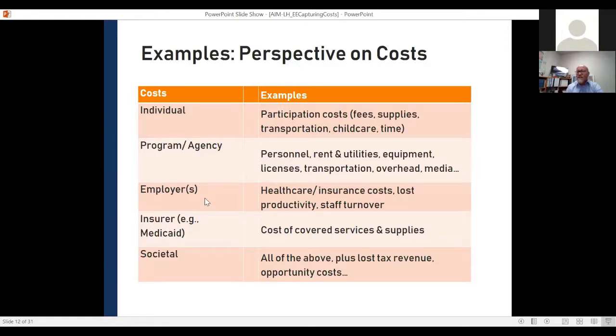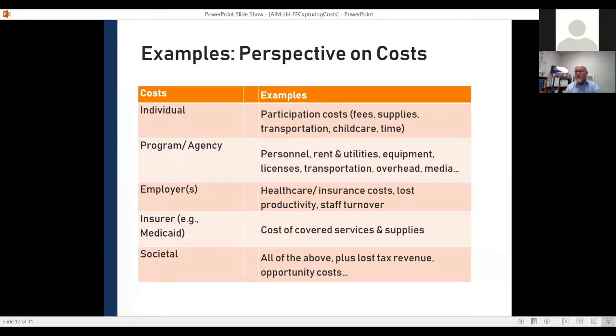Employers might have costs in programs, and sometimes we use these costs as a way to encourage providers to expand coverage. For example, we've worked with self-insured employers, including our state-owned state personnel system, to increase the coverage for diabetes self-management education, because by reducing those diabetes-related costs, insurance premiums can actually go down.